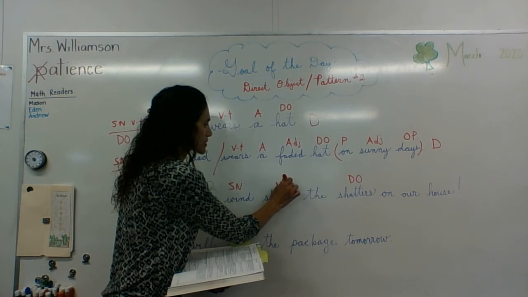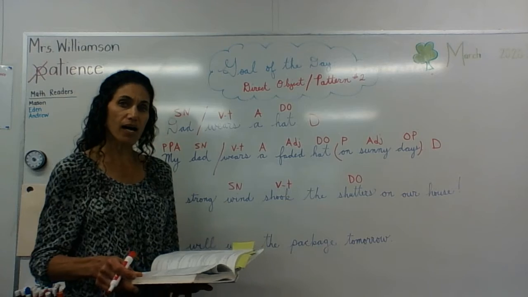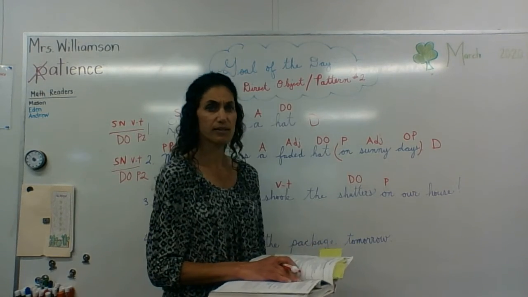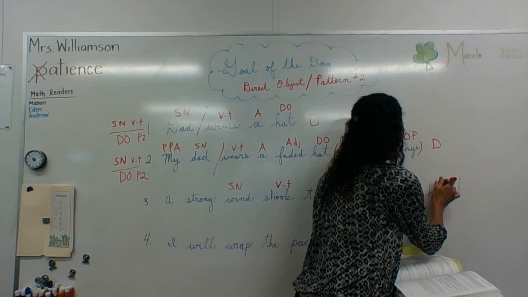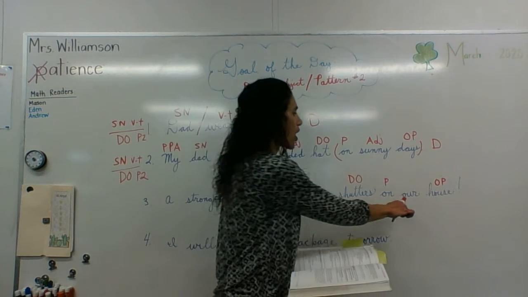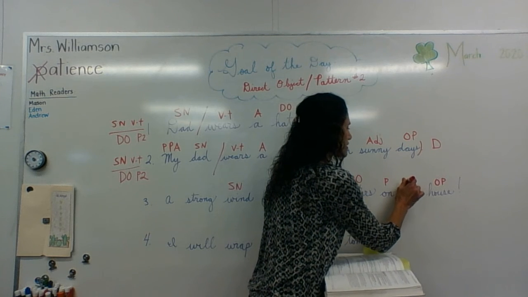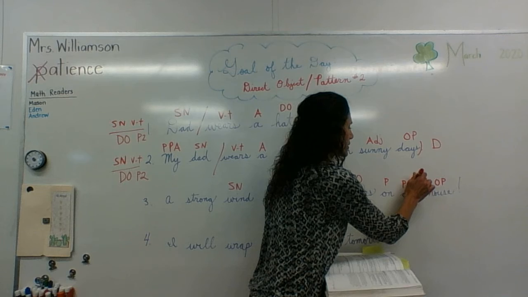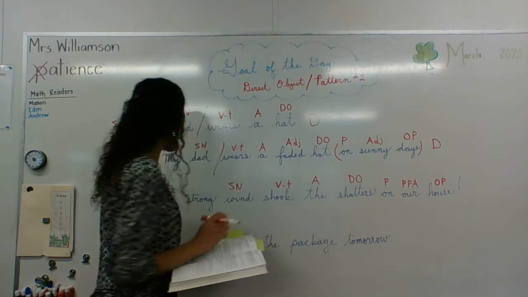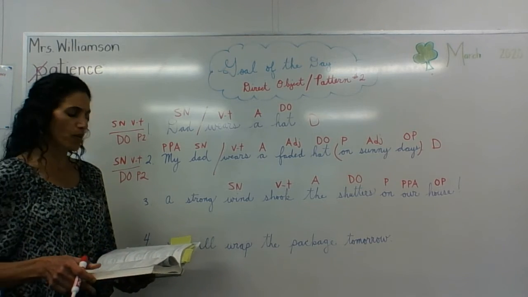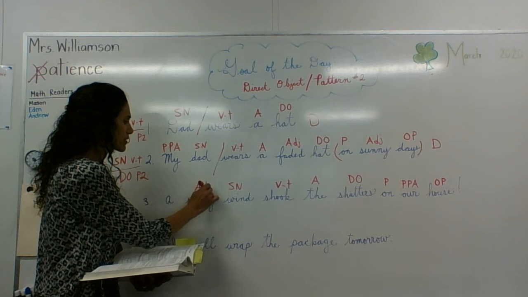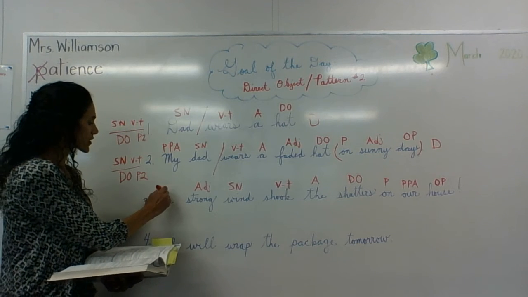Verb transitive. On, preposition. On what? House. Object of the preposition. Whose house? Our house. Possessive pronoun, adjective. The, article adjective. Well, what kind of wind? Strong. Adjective. A, article adjective.